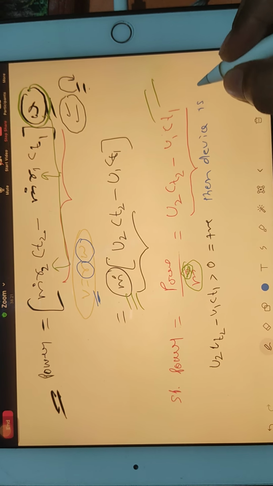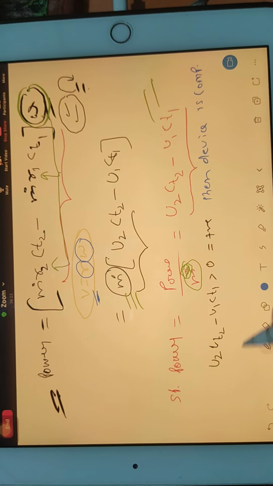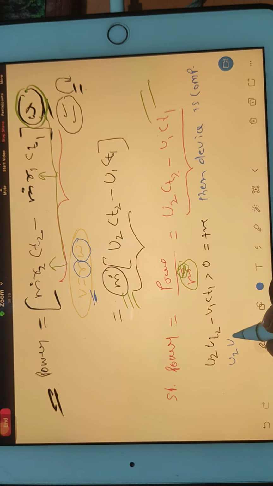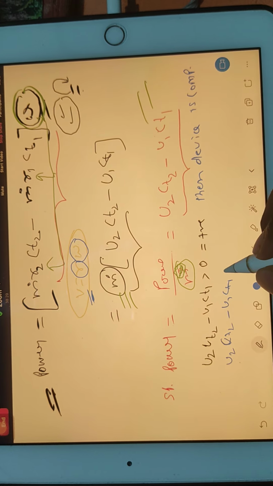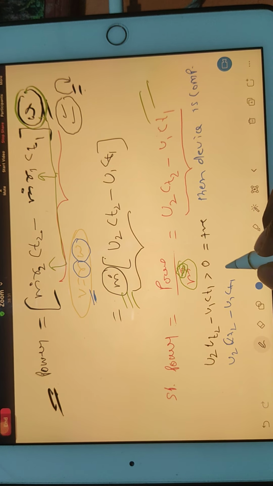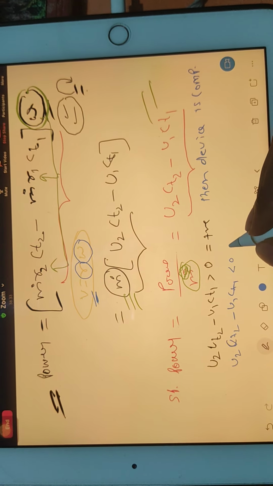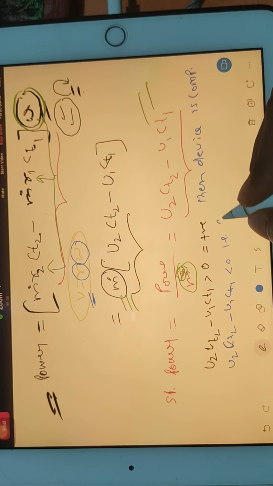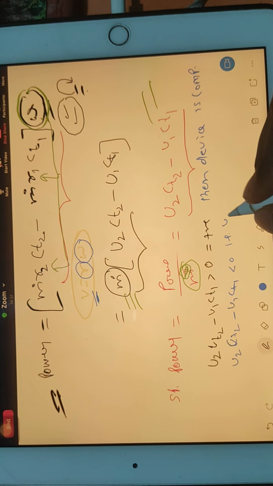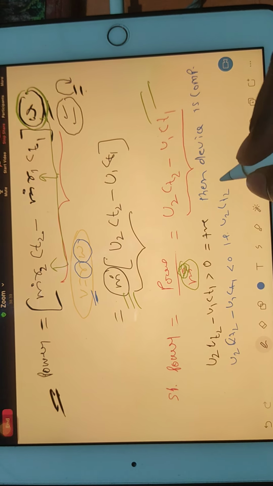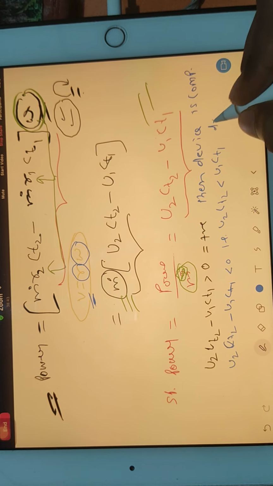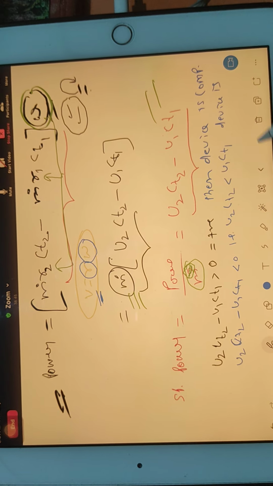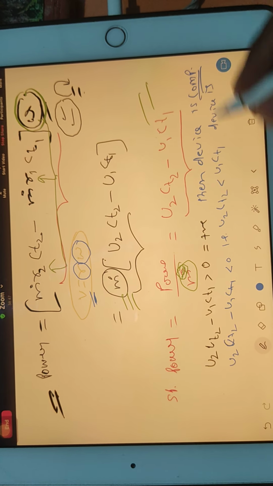Now you can see, then the device is compressor, and if u2 ct2 minus u1 ct1 is less than 0, or you can say in another word, that is u2 ct2 is less than u1 ct1, then the device is not compressor, then it is turbine.